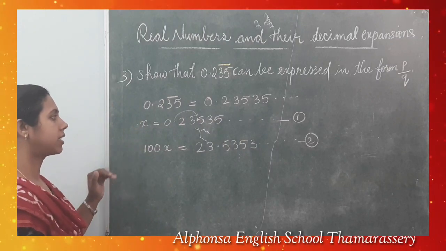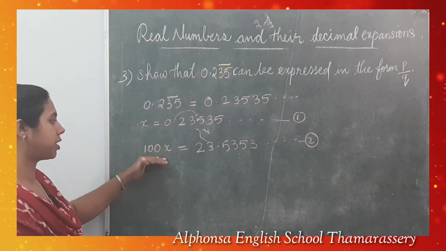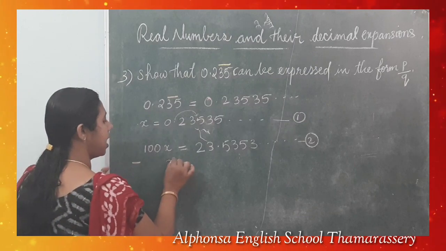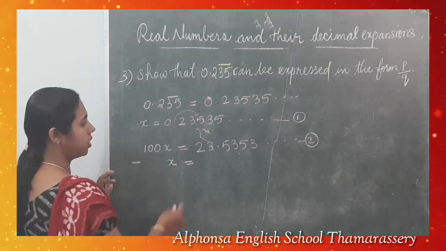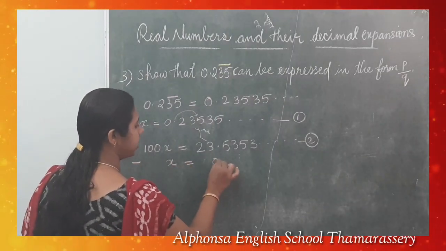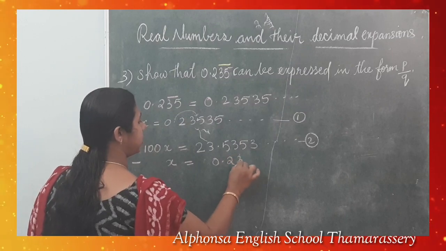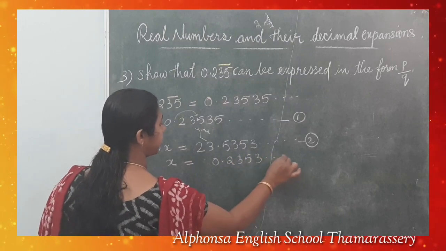Now subtract equation 1 from equation 2. So it will be x is equal to 0.23535, etc.